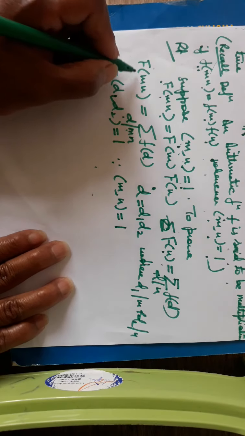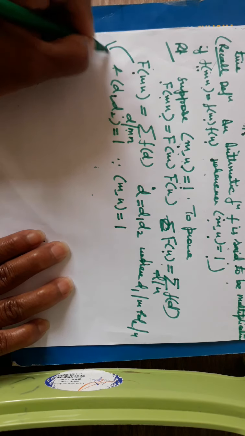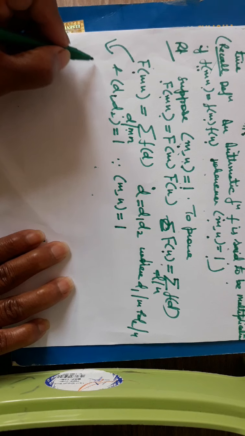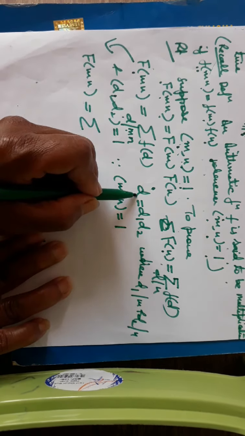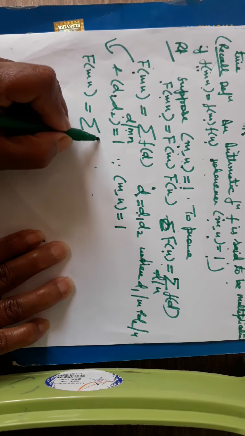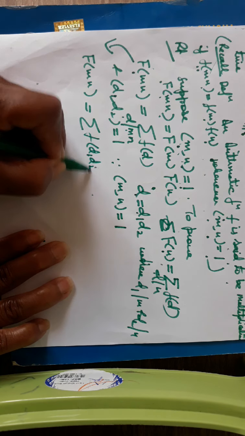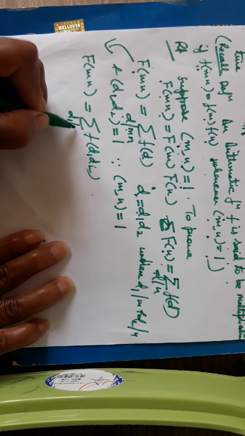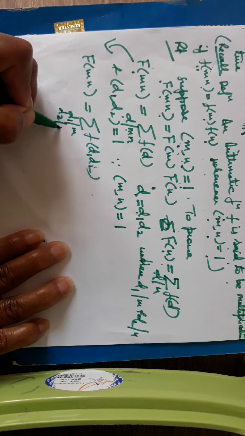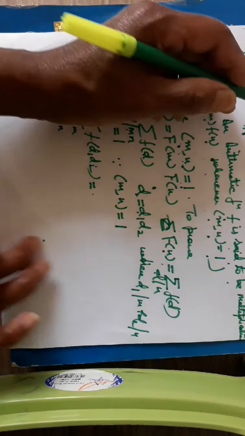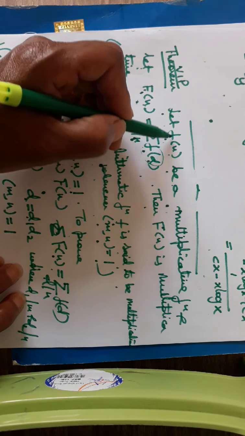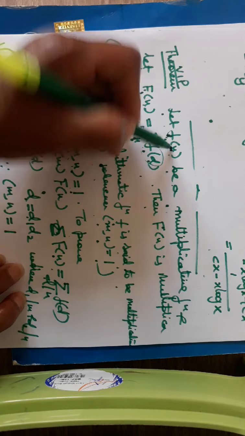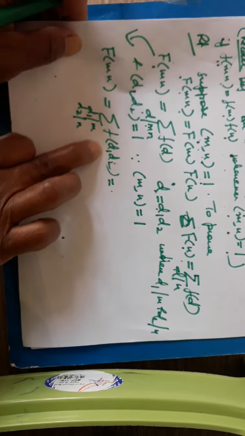Now this F(mn) can be written as the summation of, what is d here? You replace it by d1 d2, f(d1 d2), where d1 runs over the divisors of m and d2 runs over the divisors of n. But what is f here? Small f is a multiplicative function.